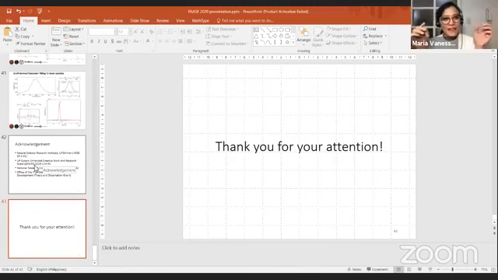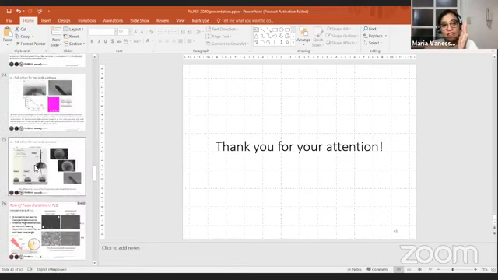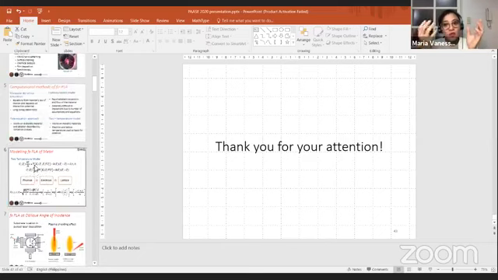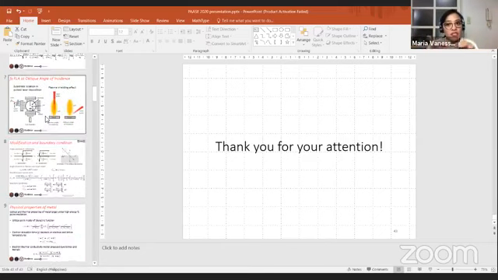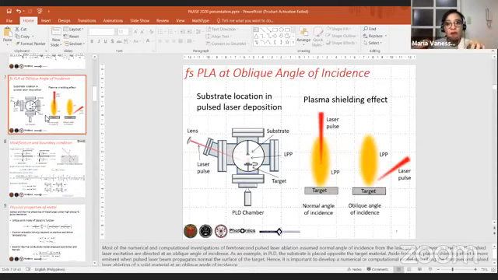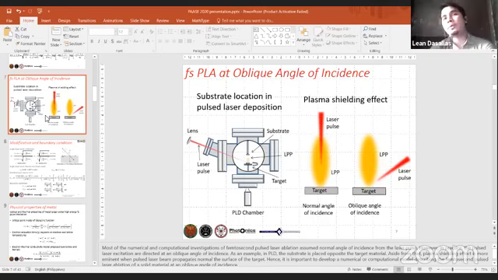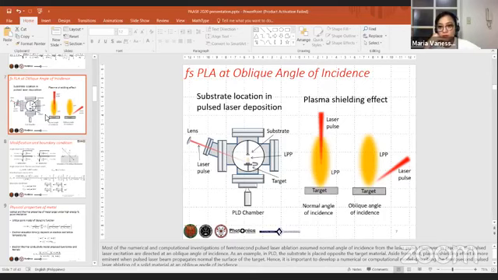I have a question about the angle of incidence of the laser. Does this affect the surface quality of the deposited material on your substrate? When we're talking about the angle of incidence dependence in PLD, we did not do a systematic investigation on that.